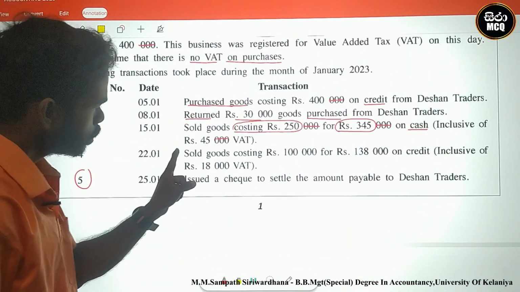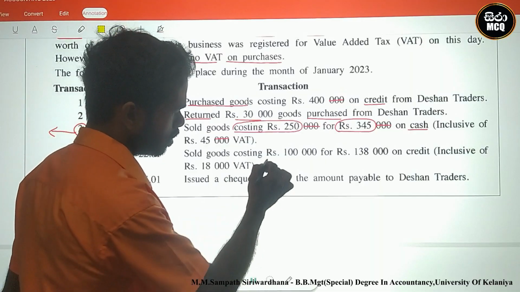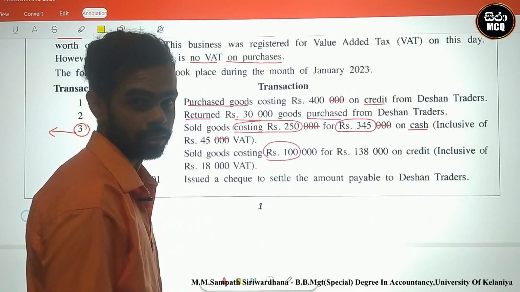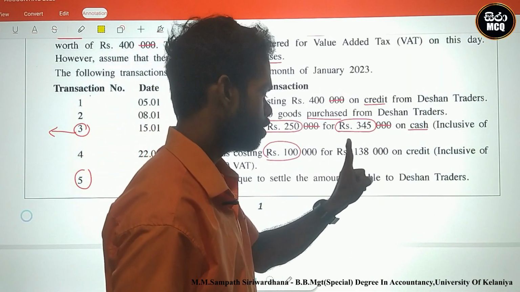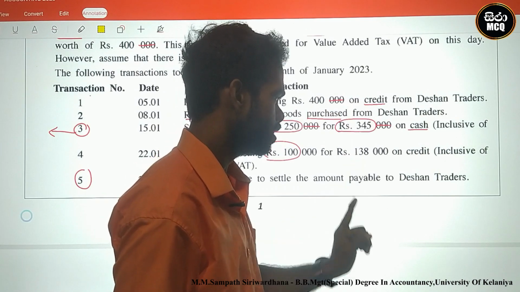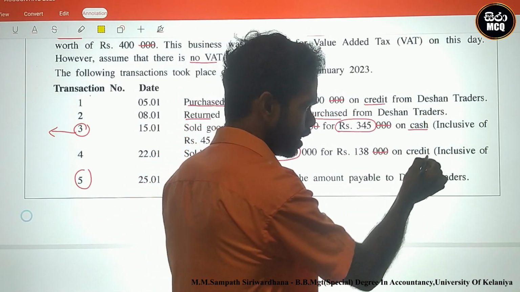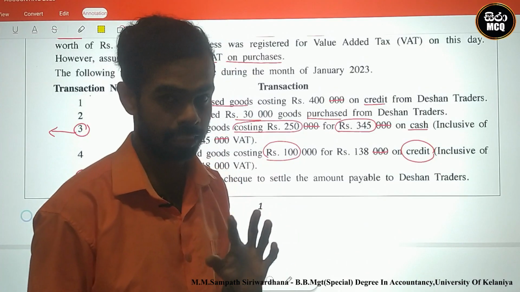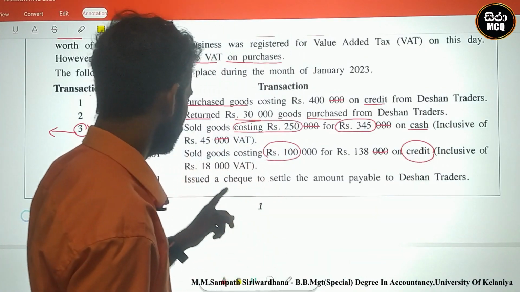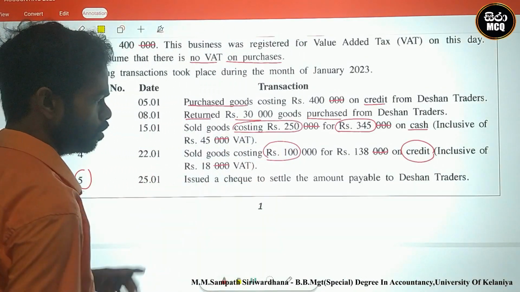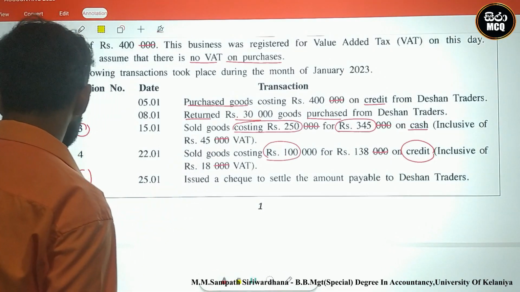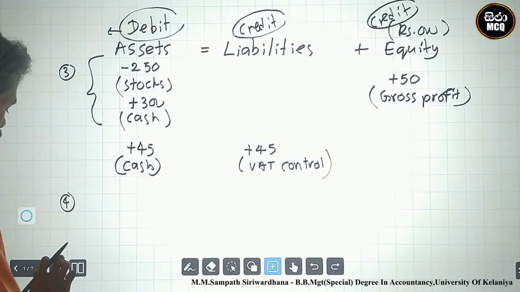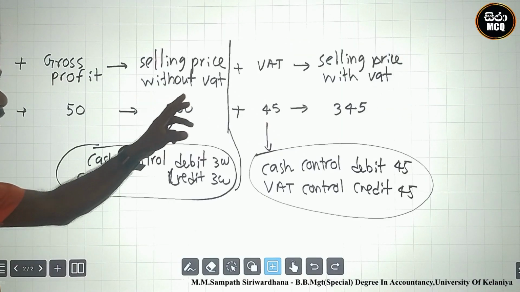Okay, transaction number 4, look here: sold goods costing 100 for 138,000 on credit. This is the credit sales inclusive of 18,000 VAT. Okay, costing 100. Based on that, I create this one.